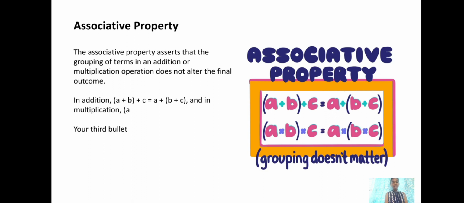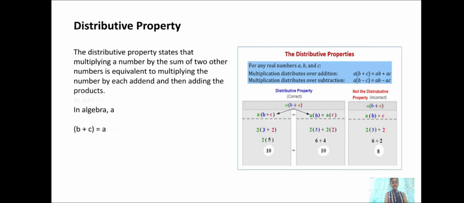Distributive property. The distributive property states that multiplying a number by the sum of two other numbers is equivalent to multiplying the number by each addend and then adding the products. In algebra, the distributive properties hold for any real numbers, that is a, b and c.